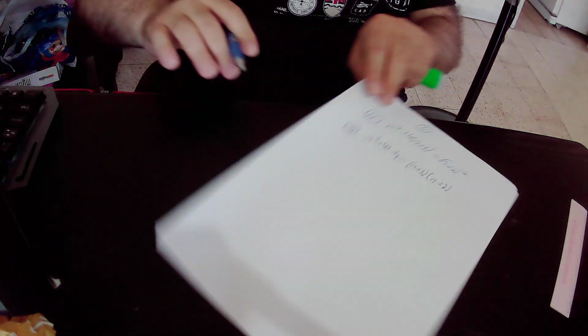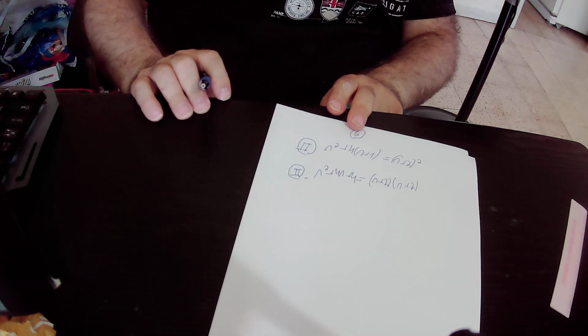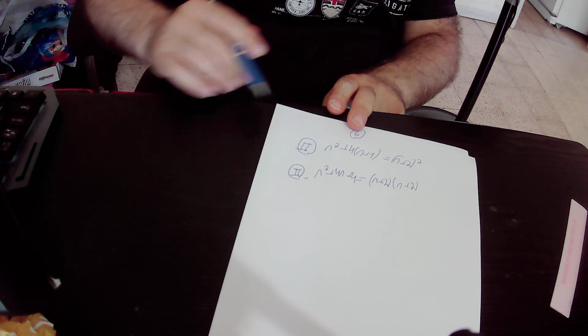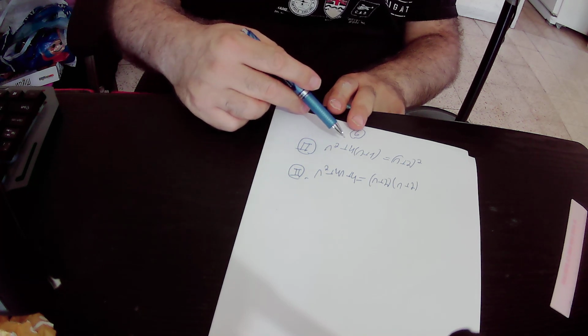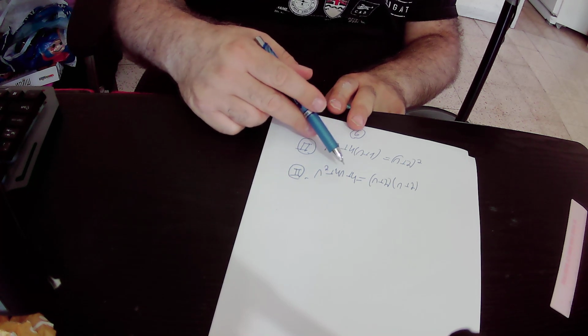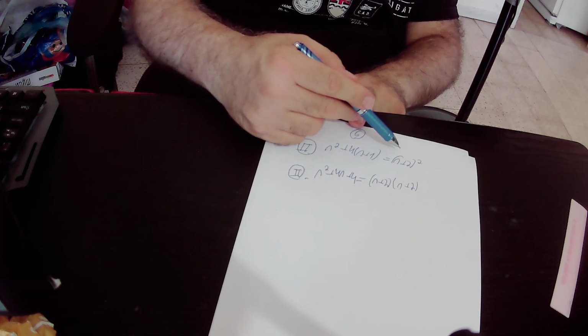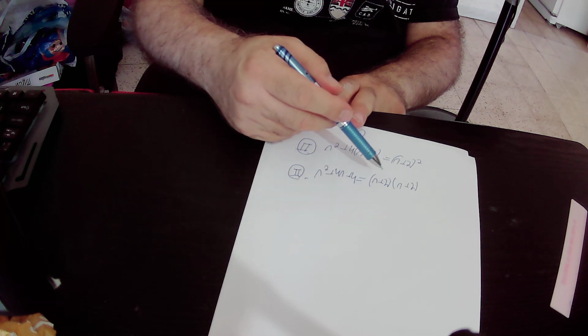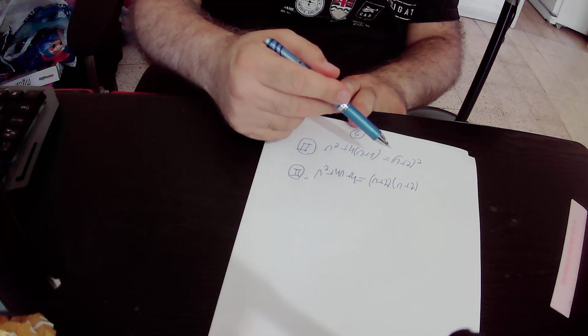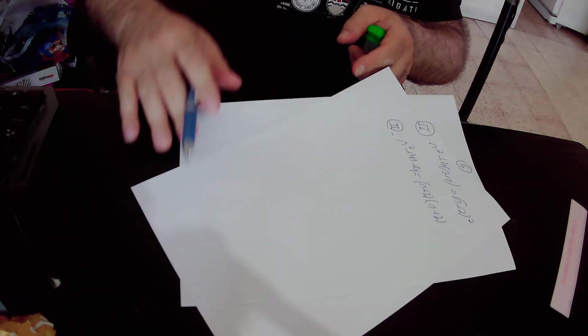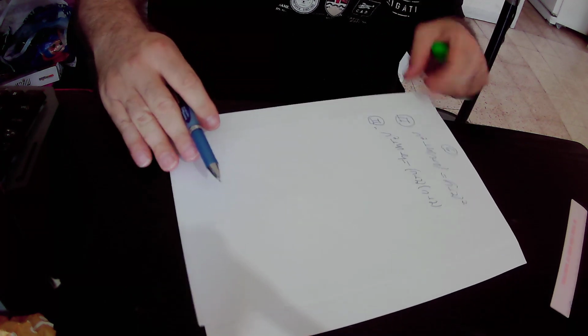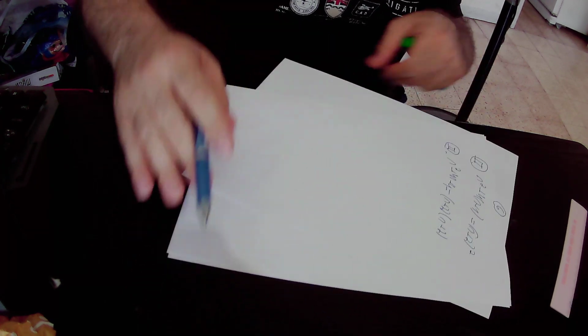So after we open the brackets, we got n squared plus 4 times n is 4n, 4 times 1 is 4, and n plus 2 squared is n plus 2 times n plus 2. So we will open the brackets again.